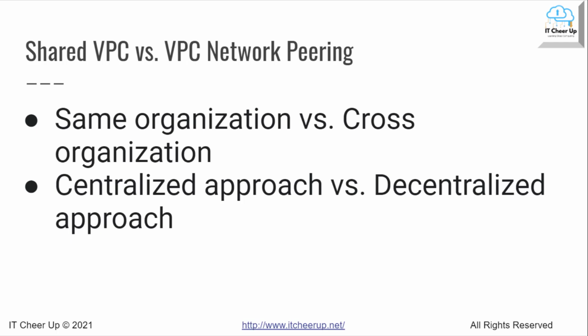Shared VPC is a centralized approach to multi-project networking by configuring the security and network policy in a single designated VPC. On the other hand, VPC network peering is a decentralized approach where each VPC network can remain under the control of separate administrator groups and maintains its own global firewall and routing tables.